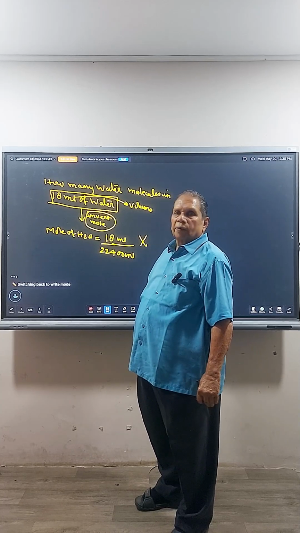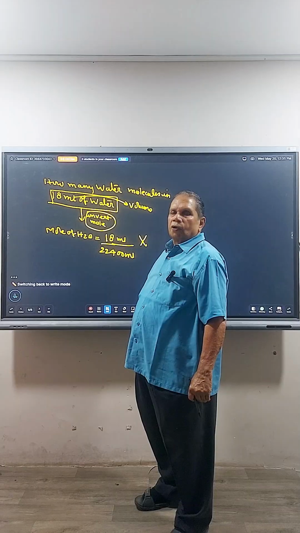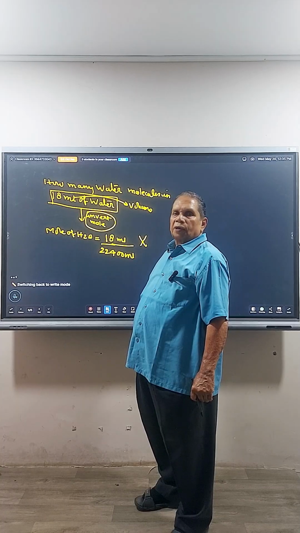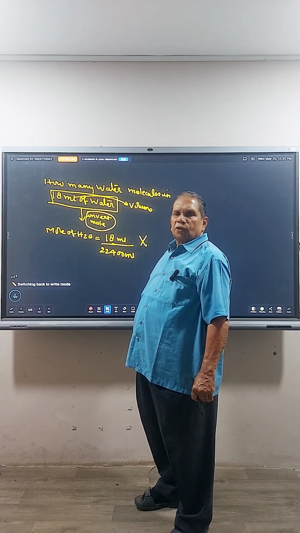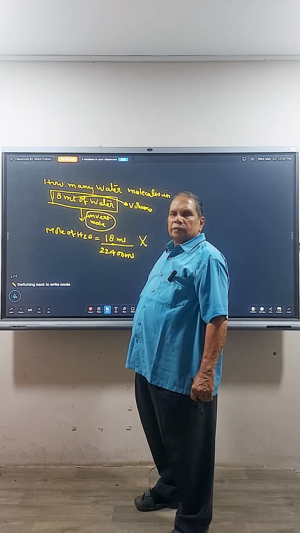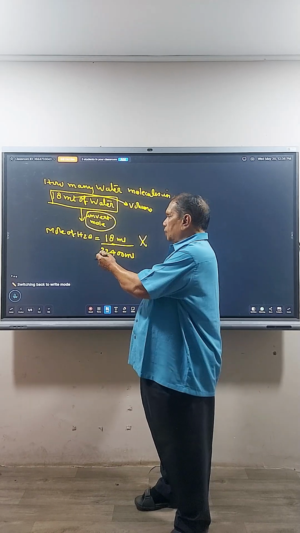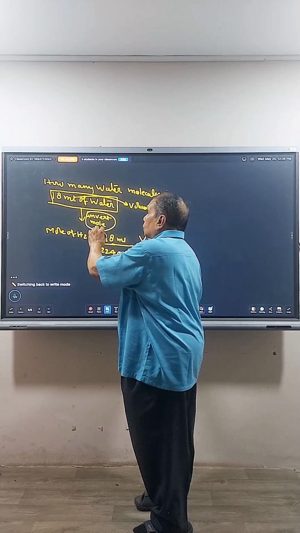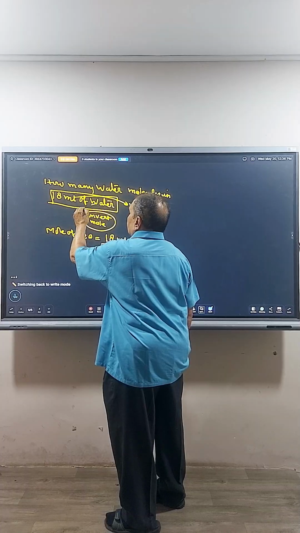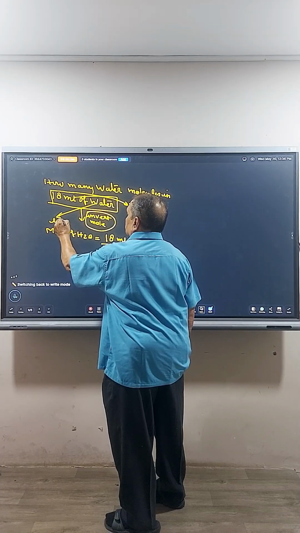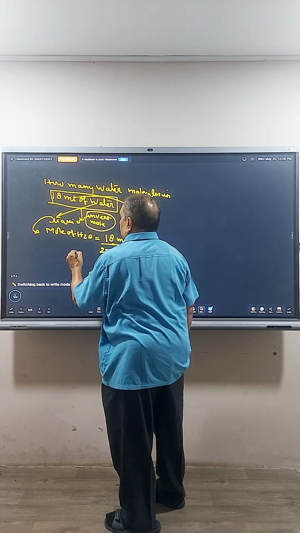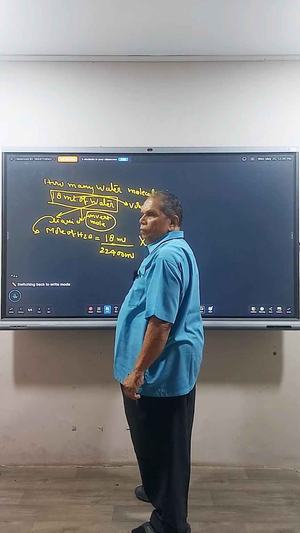If you know mole concept, a mole is equal to volume in liter at STP divided by 22.4, because we know 1 mole of any gas at STP occupies 22.4 liters. That is why this comes. Now the question is basically about water. Water here is a liquid. So in this case, this calculation is wrong.